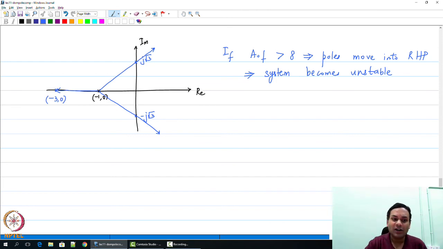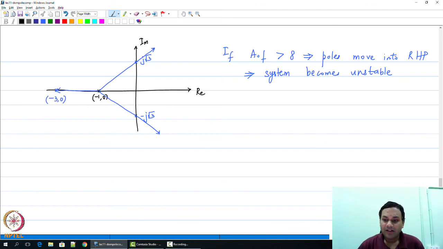What we find is for a third order system, even for a value of only 8, the system is barely stable, and if A0F increases, if the loop gain increases beyond 8, the system definitely becomes unstable. So now this completely goes against what we have been trying to do so far. So we need to find a way to fix this.